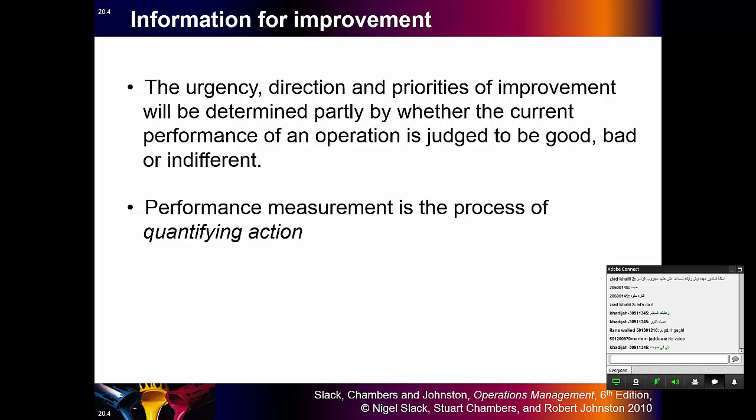We need to make the actions into quantities in order to be able to compare those quantities or those operation processes to other processes inside the organization or to other processes in other organizations. That means we want to compare ourselves with the others, and we see exactly where we are.